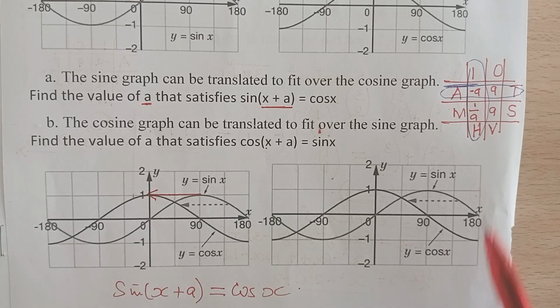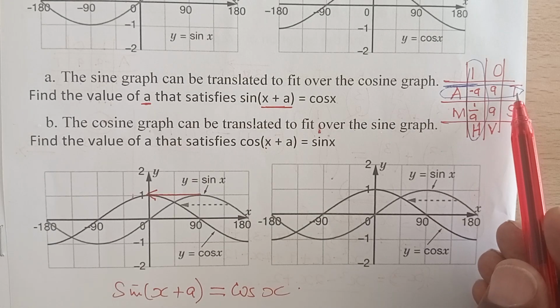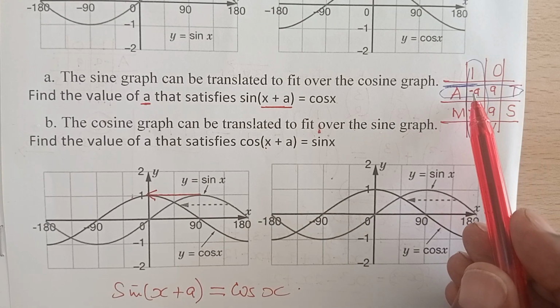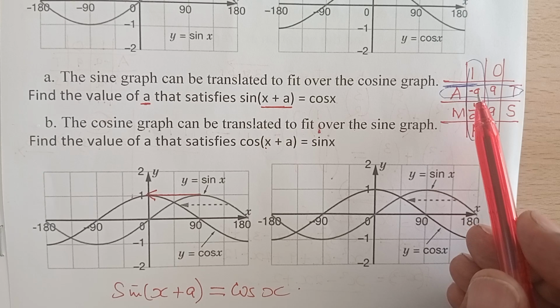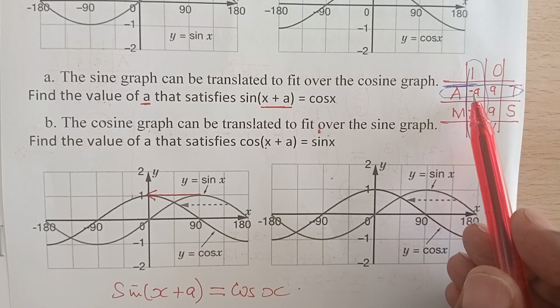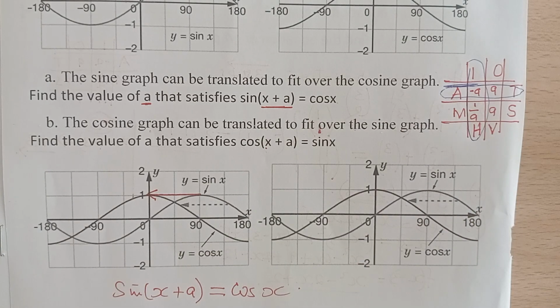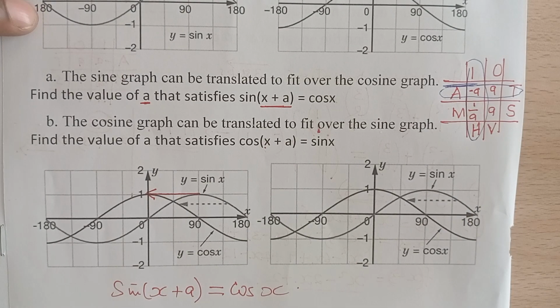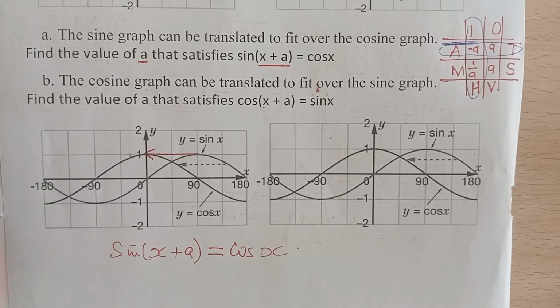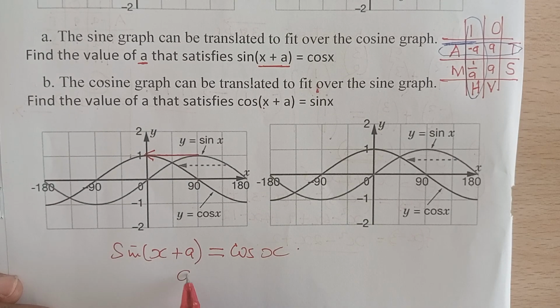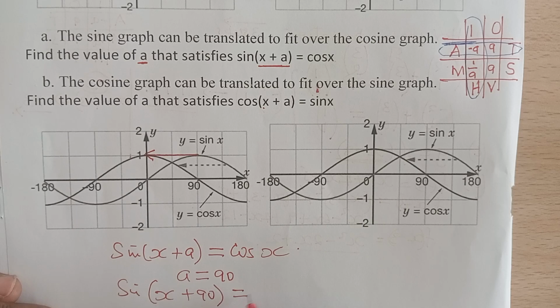You have understood that this is horizontal translation of negative A steps. Negative means we are moving to the left. Anytime we have x plus A, please note that our A is 90 such that the sine of x plus 90 equals the cosine of x.